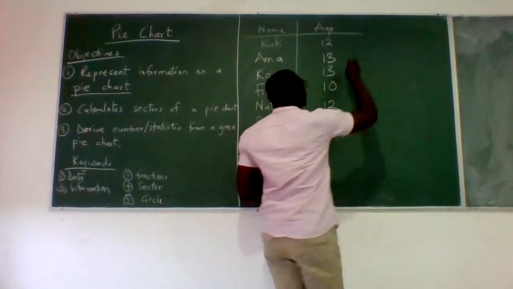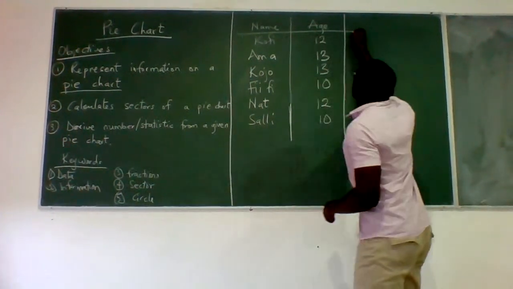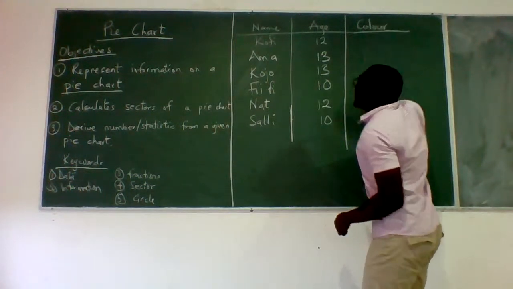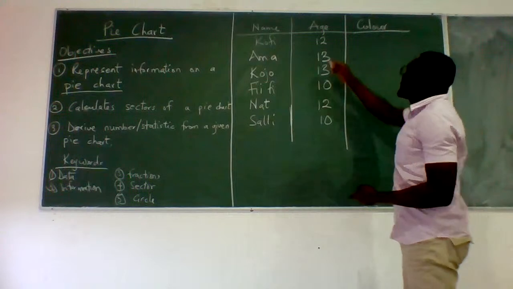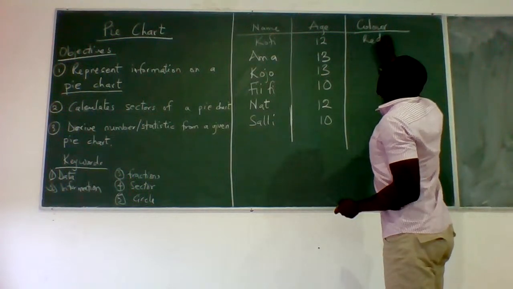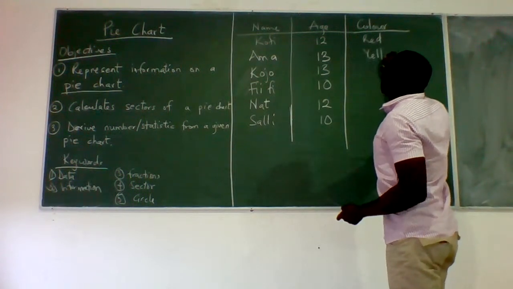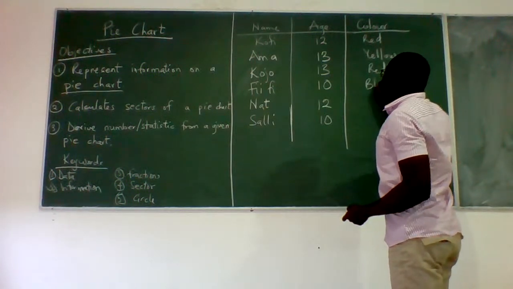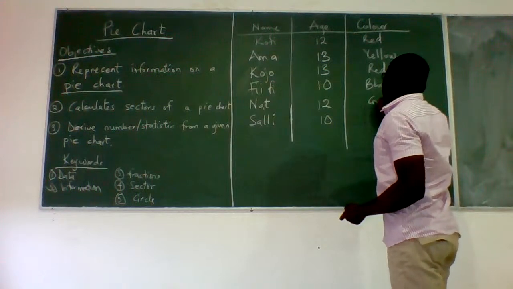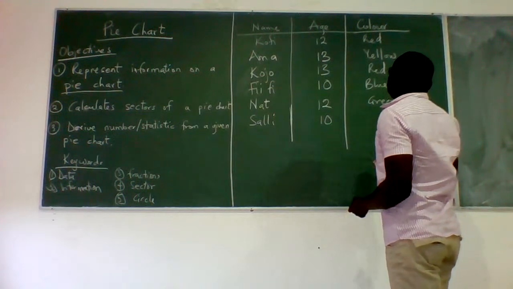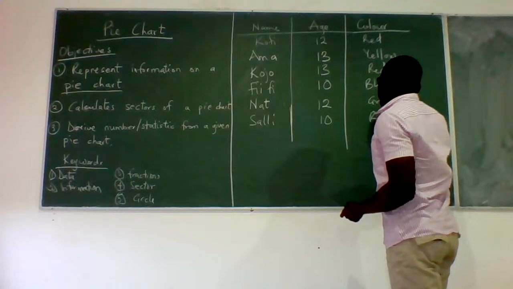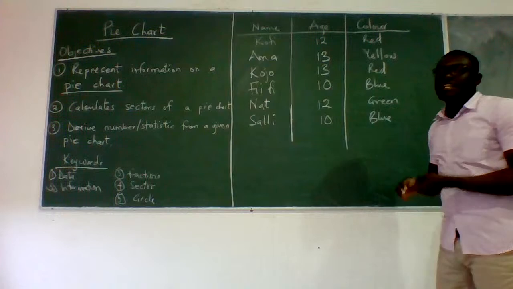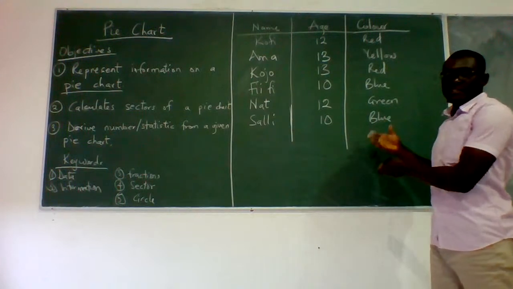So assuming I find out the color they want best, or their favorite colors, let's say this one tells me red, this is yellow, let's say another red, let's say blue here, this guy is green, and then this guy, let's say another blue. So this is data. So I am just building up what I have there.